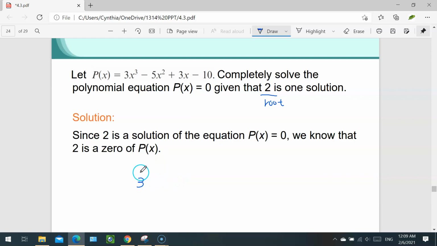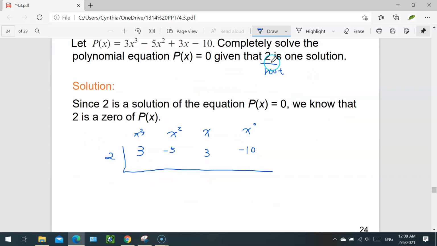So we have 3x to the power 3, minus 5x squared, plus 3x, and the constant term is -10, which is x to the power 0. It gives us 2 as a root, so we put a 2 outside. And keep in mind, this is a root.